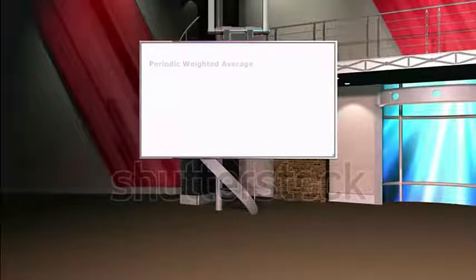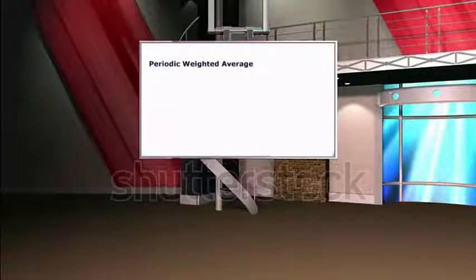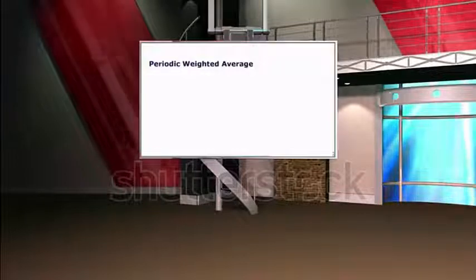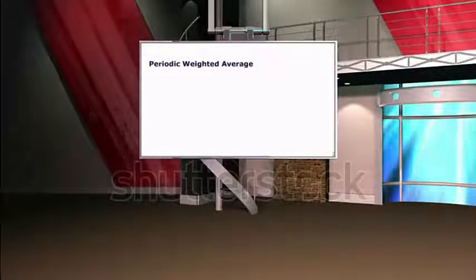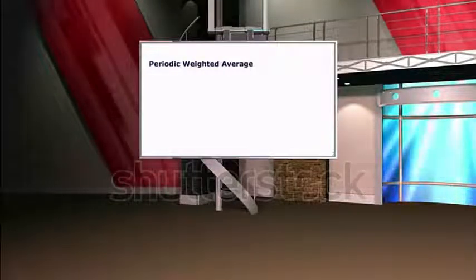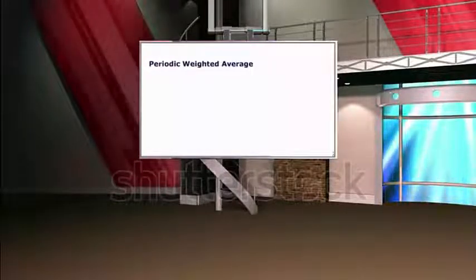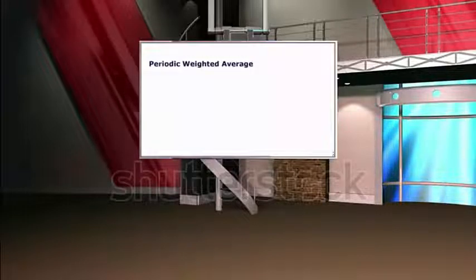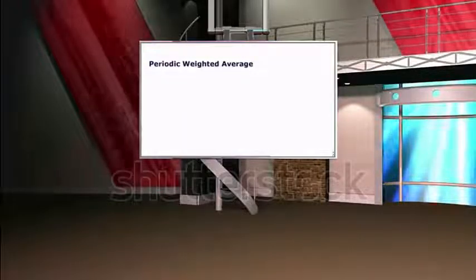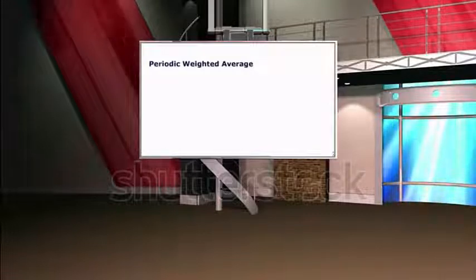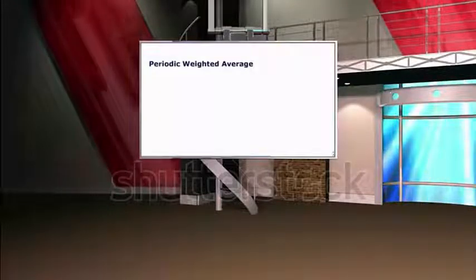Our final method of valuing inventory is to use a periodic weighted average. Now, the periodic weighted average is a very different approach to our FIFO, LIFO and weighted average. Because if we're using a periodic average, then we are not valuing our inventory day by day during the period. So every time we issue to production, we are putting a value on that issue.